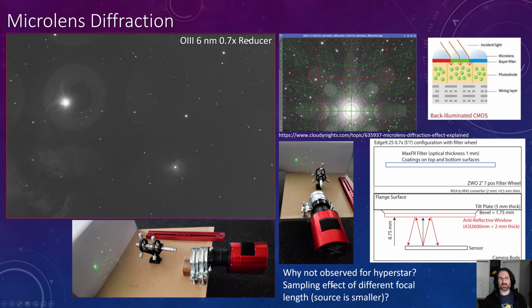My best guess is that as we have magnified the image a little more using the 0.7 reducer, we're illuminating enough of the microlenses to generate this diffraction. With the HyperStar, we're focusing Alnitak into a smaller area, so maybe we're not hitting enough of the sensor area to cause the diffraction, but that's only guesses here.